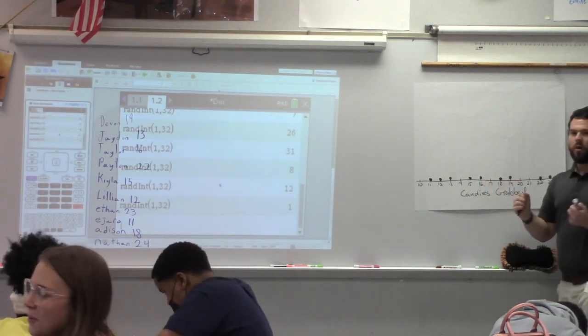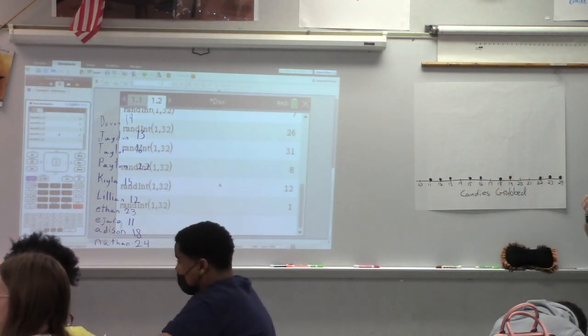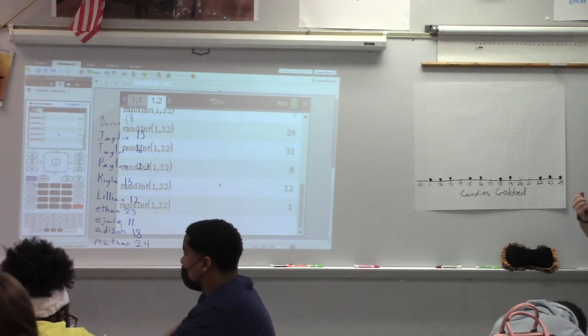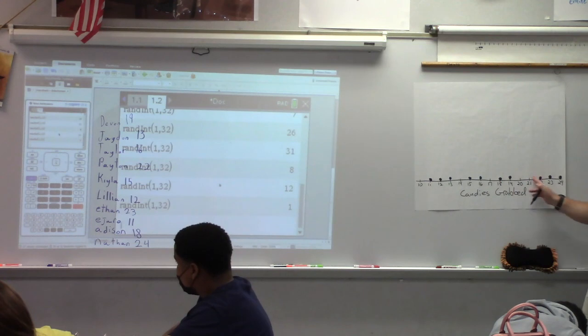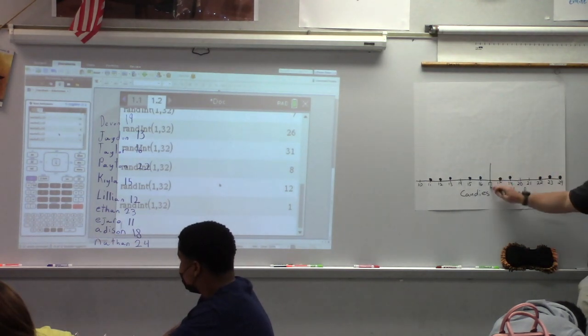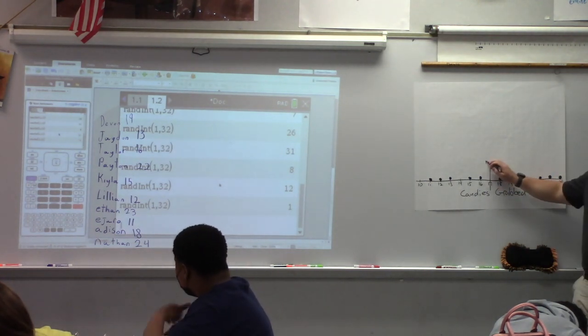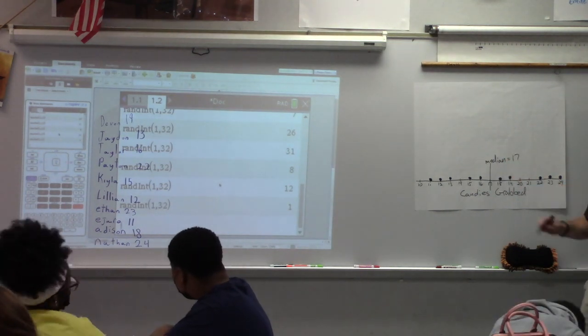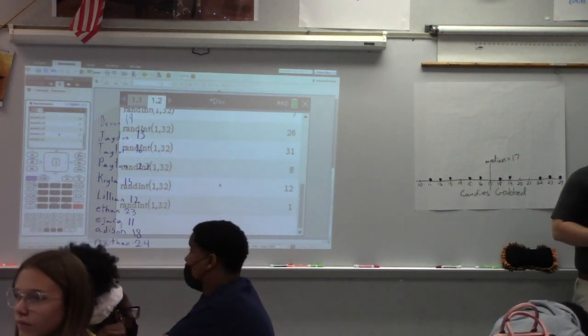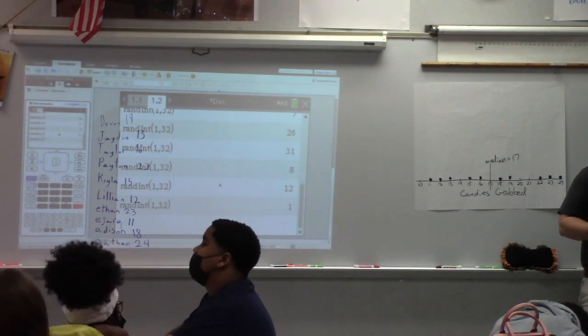And so how many would be on either side of the median? 5 and 5. 1, 2, 3, 4, 5. So it is right here in the middle. There's my median of 17.